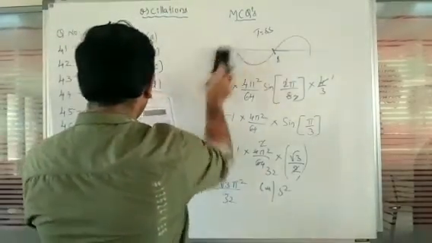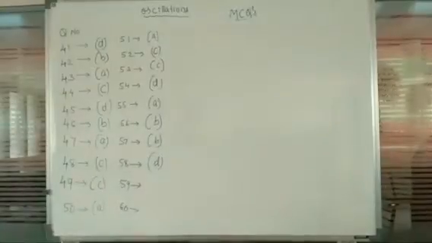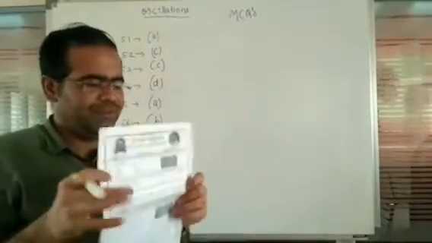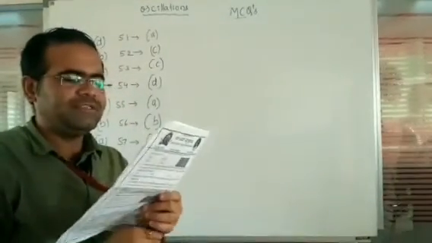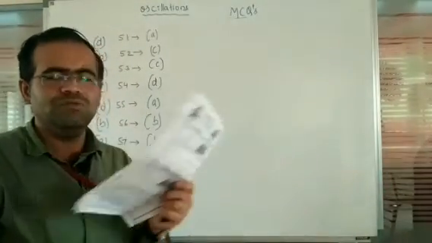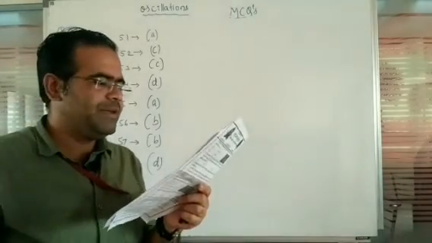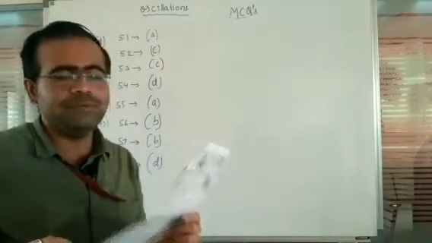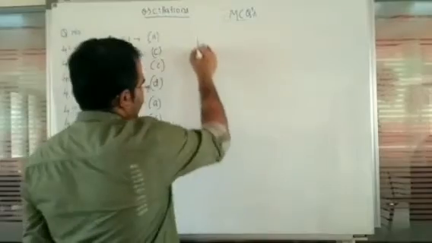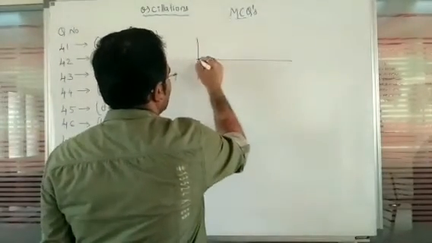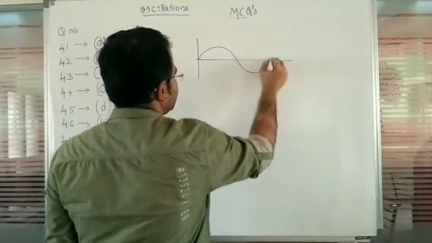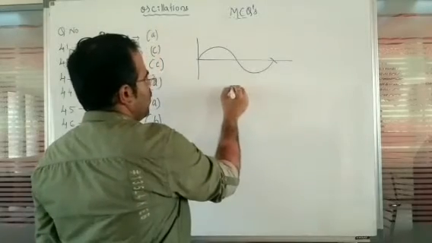Next, question number 59. A particle executing simple harmonic motion with an amplitude A and time period T. The displacement after a period of 2T. Let us see. So first you are going to observe one oscillation.